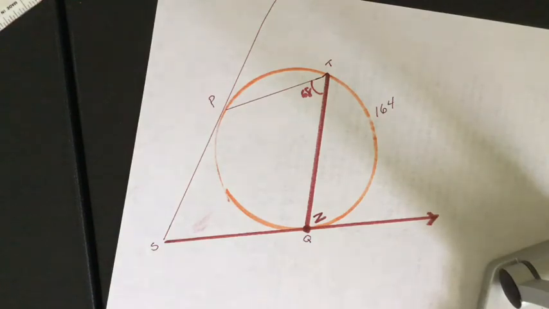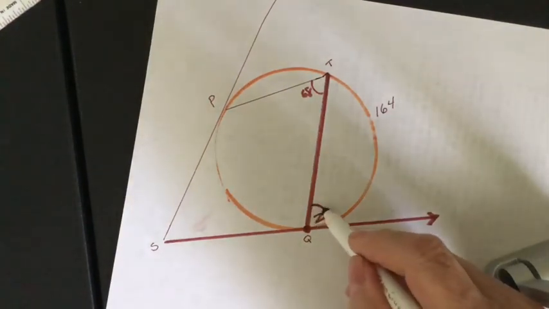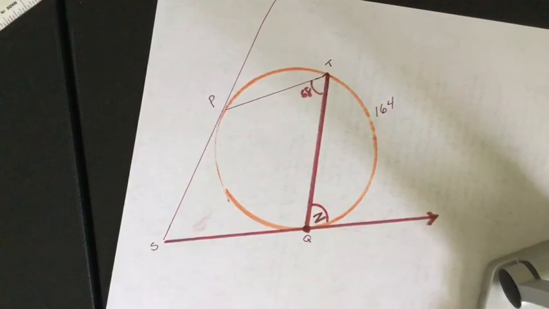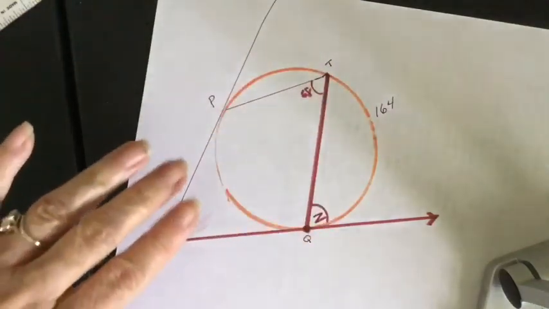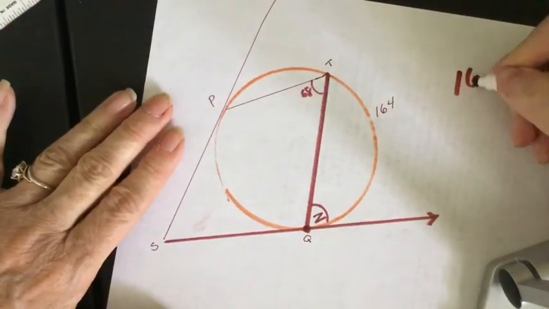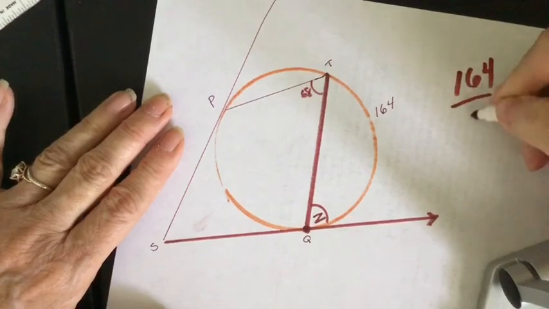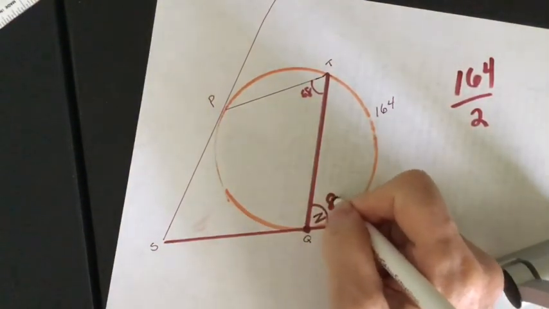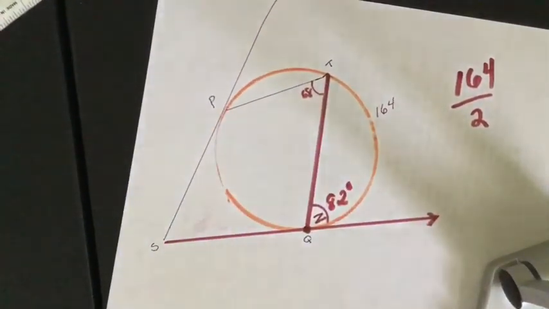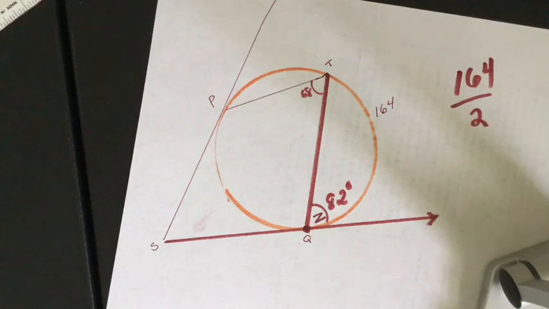So now I know that this angle right here, angle z, is going to be half of this arc right here. And 164 divided by 2 is going to give me 82. I just found z. That was it. That was the quiz.